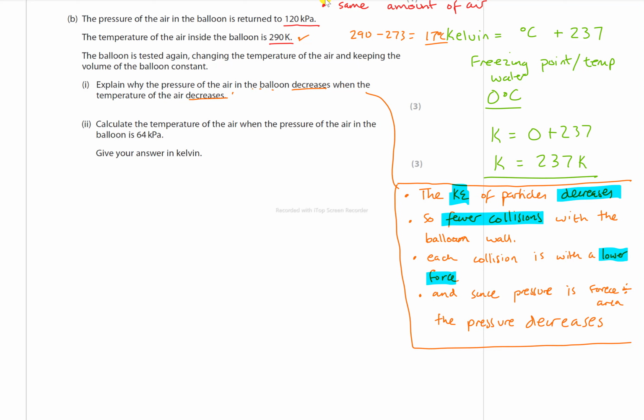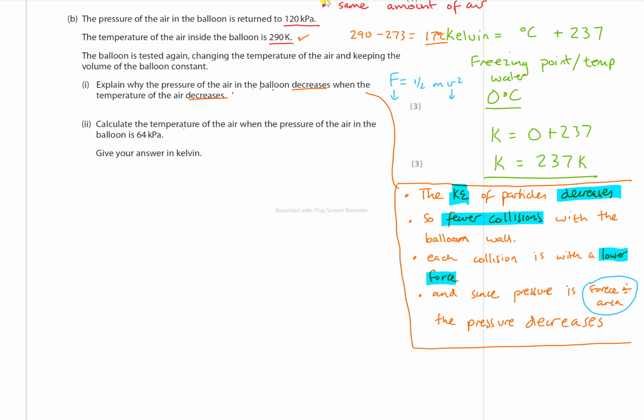Since the kinetic energy is half mv squared, if the velocity goes down, the force will go down. And since pressure is force over area, the pressure will decrease. That's it, done.